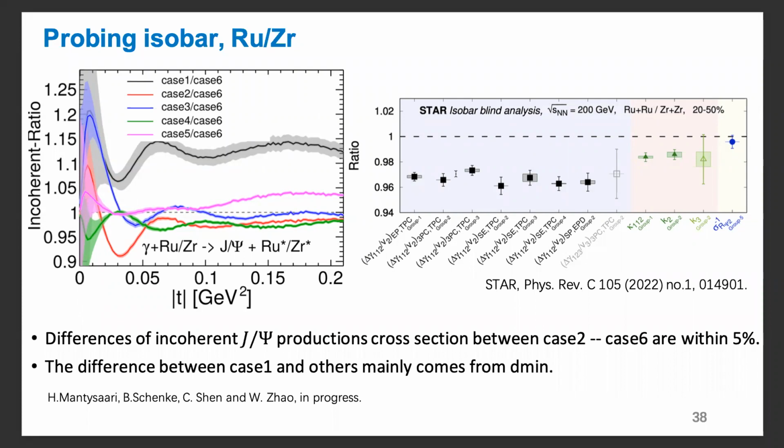And also, one more important thing is that these are 20 to 50%, which means that in this ratio you are basically no longer sensitive to deformations, which is what you are actually showing there. So there you only see some scheme effect of the ruthenium. But why would the charge dependent correlations of this relatively bent plane, scaled by V2, be sensitive to the deformation in 20 to 50%?